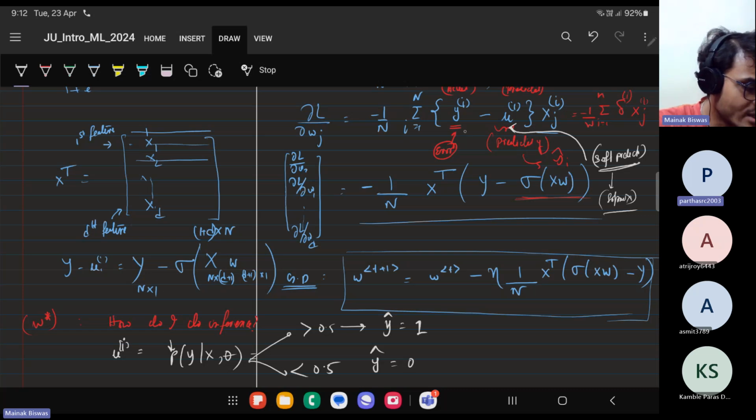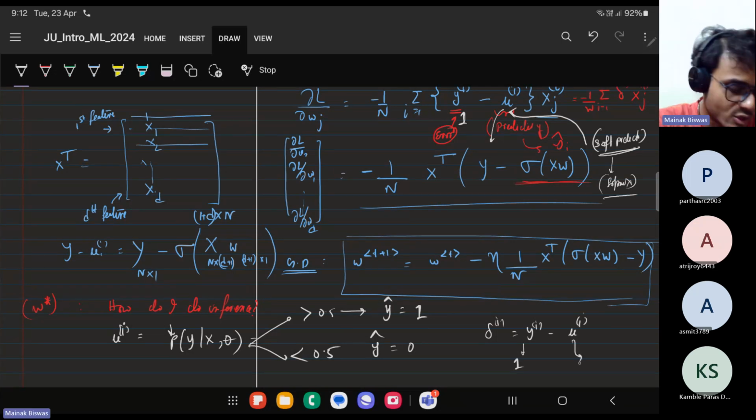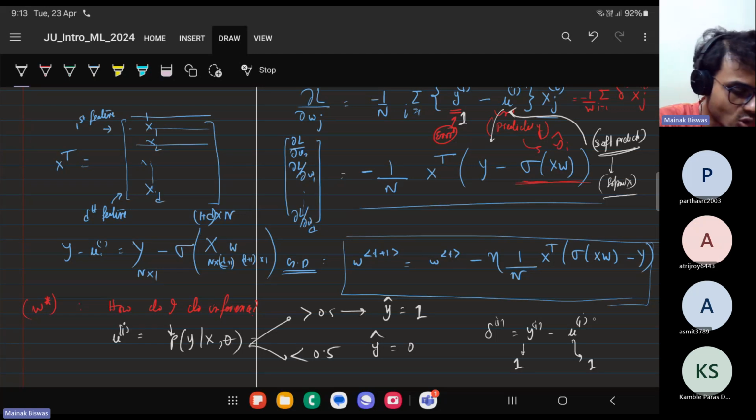So if yi is 1, for the error to be low, I must have a large mu i. The error is yi minus mu i. If this is 1, what should the model try to do? It will try to send this to 1. Then only will the error be 0. You are optimizing this variable, and when will it be optimized? When delta goes to 0.